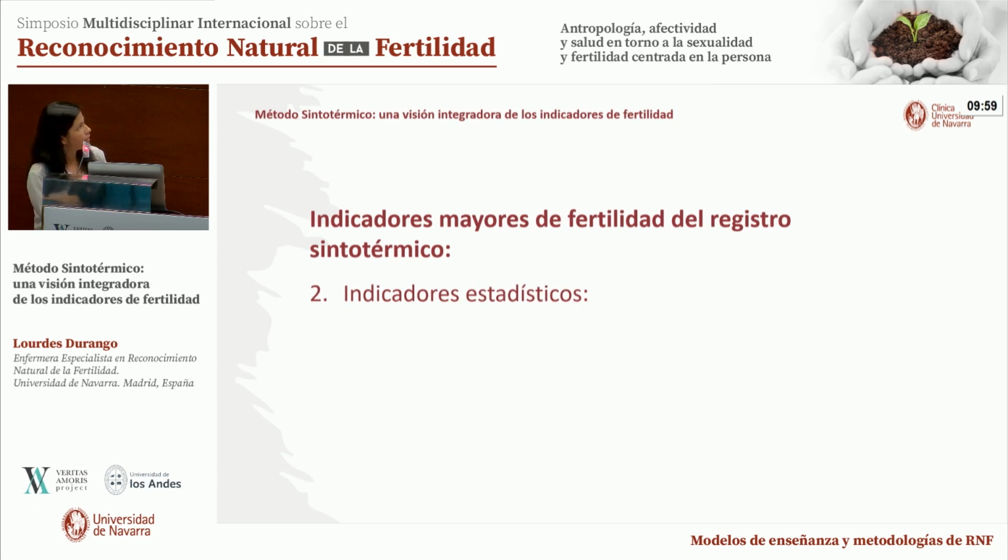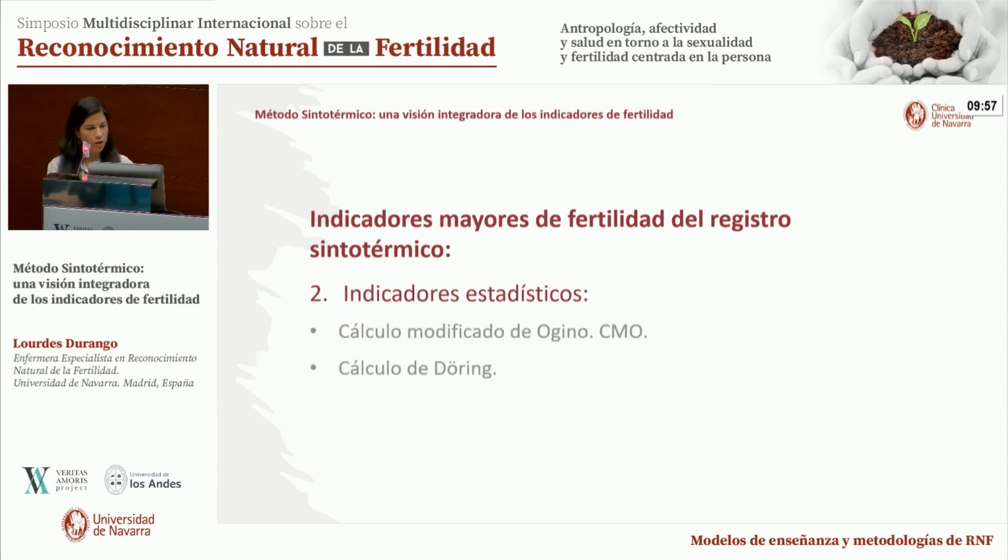Within the major indicators of fertility, we also have the statistical indicators. These are the modified Ogino calculation and the Durango calculation. And then there is another series of minor indicators of ovulation. They are minor because they don't happen in all women, and in those in whom they happen, they don't feel them in every cycle.